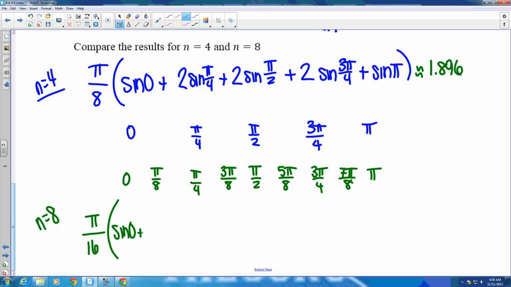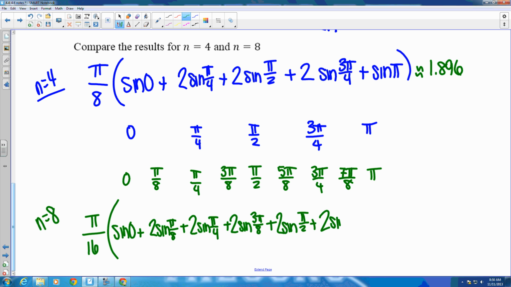Sine of 0 plus 2 sine pi over 8 plus 2 sine pi over 4 plus 2 sine 3 pi over 8 plus 2 sine pi over 2 plus 2 sine 5 pi over 8 plus 2 sine 3 pi over 4 plus 2 sine 7 pi over 8 plus sine of pi.